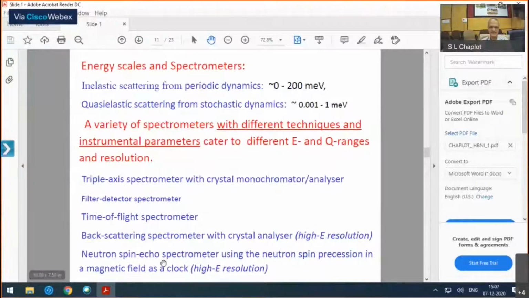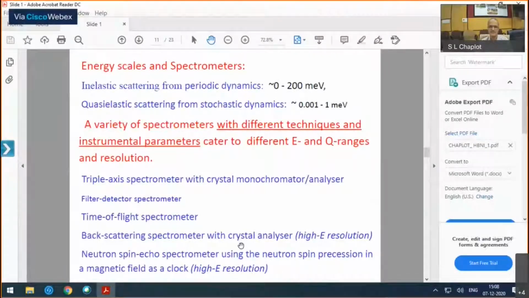Another technique is the neutron spin echo spectrometer, which uses the neutron spin precession in a magnetic field of about a few hundred Gauss. And this again can give a very high energy resolution. Actually, it gives you a very high time resolution, because in real time one is measuring the precession, and the time resolution in the range of a microsecond to a nanosecond can be converted into corresponding energies and so on.